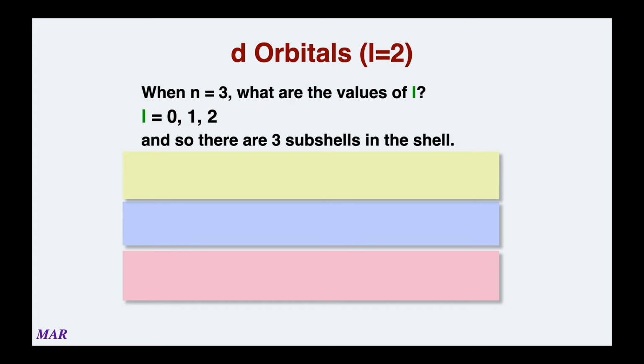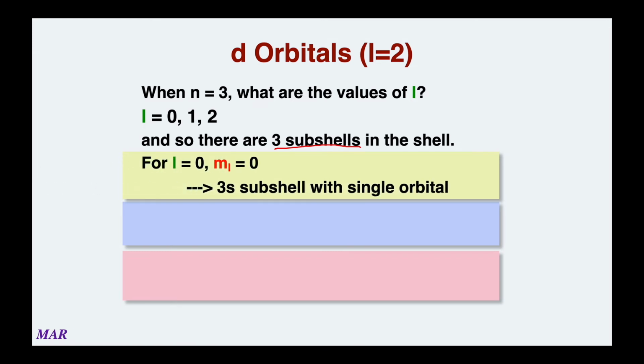Each one of those is a subshell. There's going to be 3 subshells in the n equals 3 shell. When L equals 0, M sub L is 0. L of 0 is an S. This is the 3s subshell, and it's similar to 1s and 2s, just bigger with more spherical nodes. It has a single orbital.